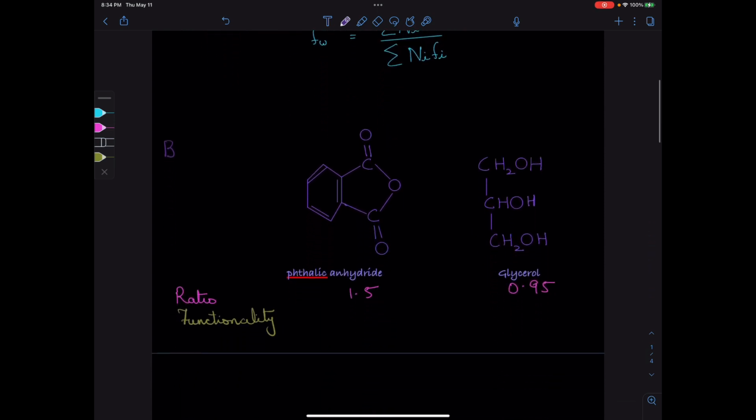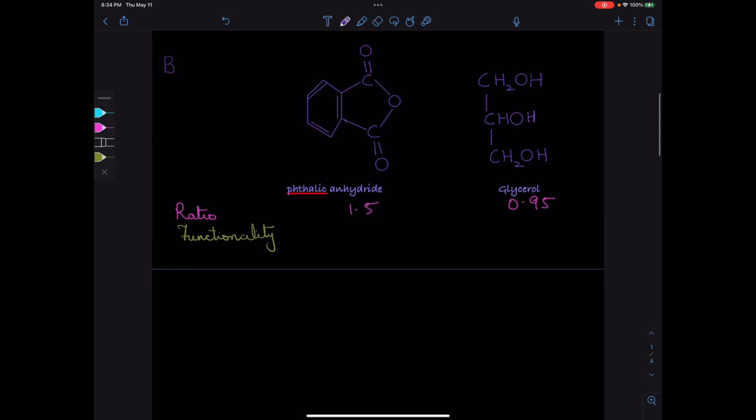Now, in the first case, we have phthalic anhydride and glycerol in the ratio 1.5 is to 0.95. So, let's first try to find out the feed ratio. Phthalic anhydride has 2 carboxylic acid, so the functionality is 1.5 times 2, which is 3.